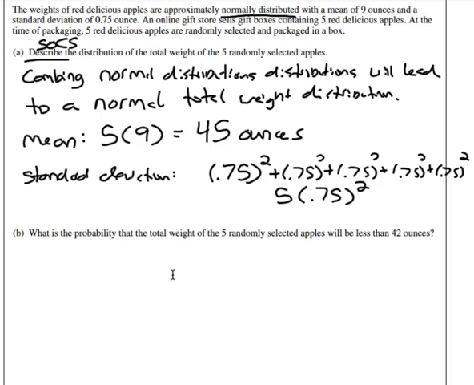But we don't want a variance. In the end, we want it back as a standard deviation. So ultimately, we're going to have to square root that whole thing.